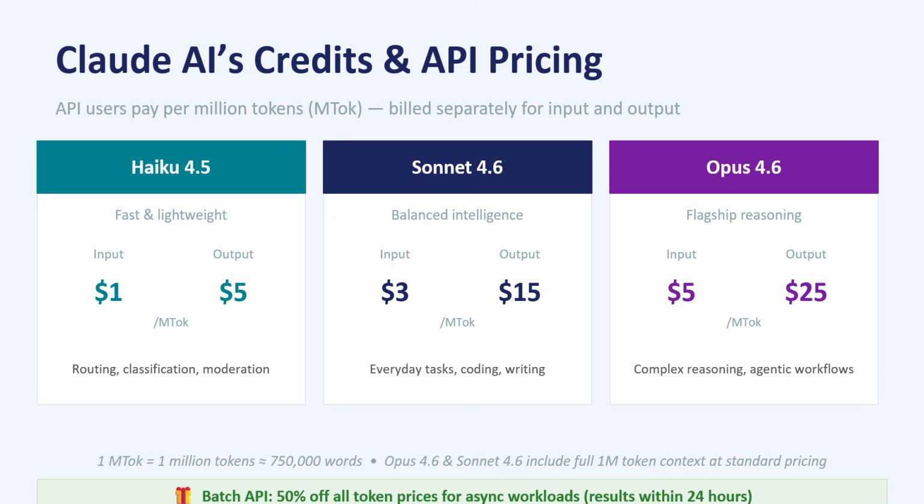One is Haiku, currently 4.5, which is used for fast and lightweight responses. Whenever users exchange tokens, the billing always happens per million tokens. So per million tokens, there'll be $1, and we'll consider this right now.